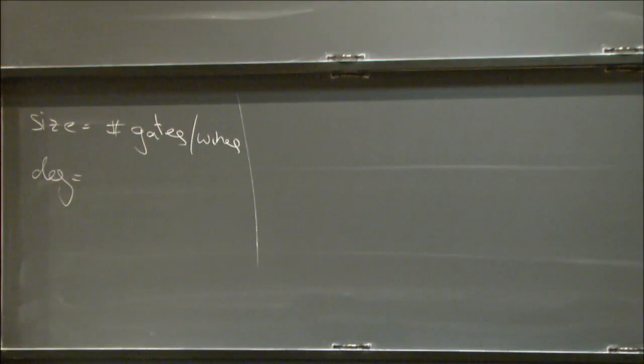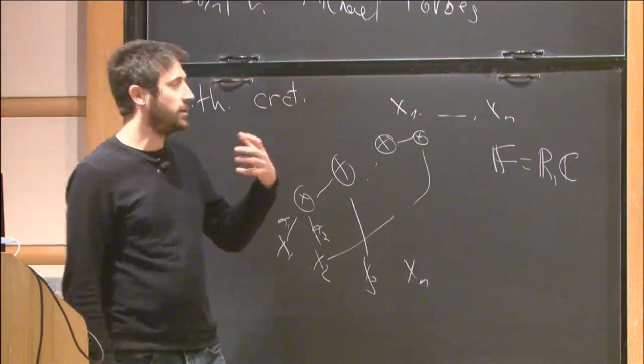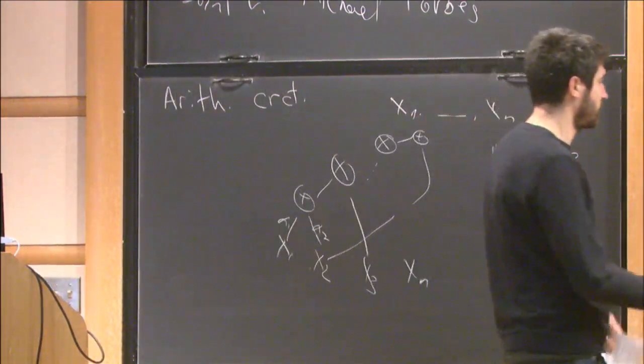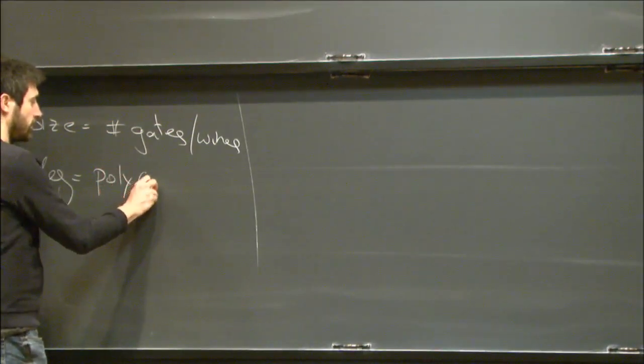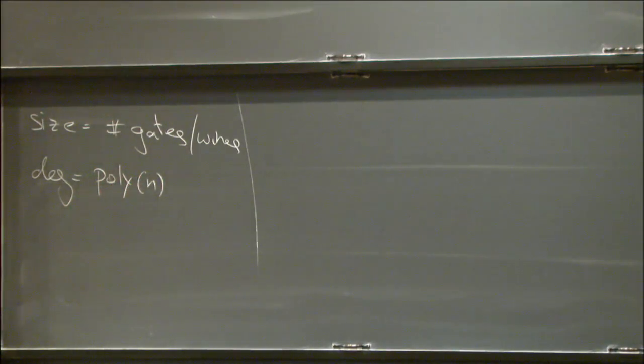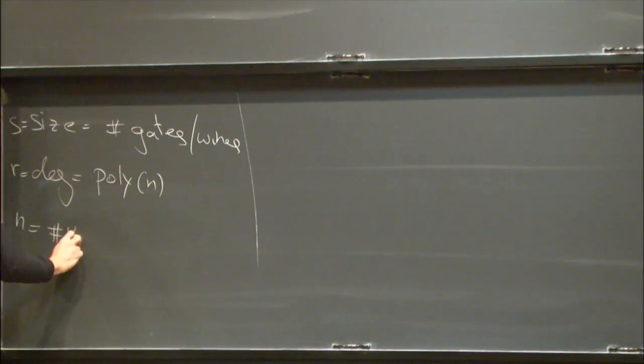By repeated squaring, you can get very high degree and very low size, but we will be interested in circuits whose degree is polynomial in the number of variables. We will restrict our attention to circuits that compute polynomials of polynomial degree. Usually we'll denote the degree by r, the size by s, and n is the number of variables. So these will be our three measures that we'll be interested in.